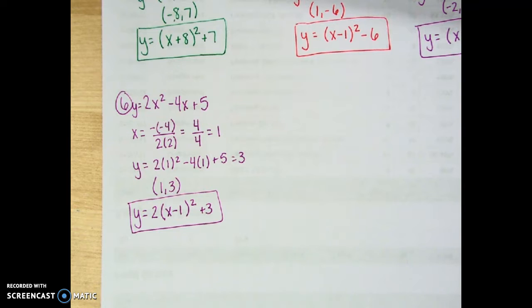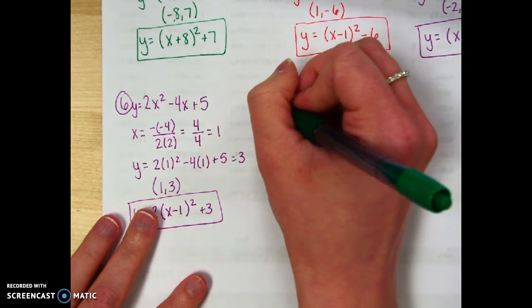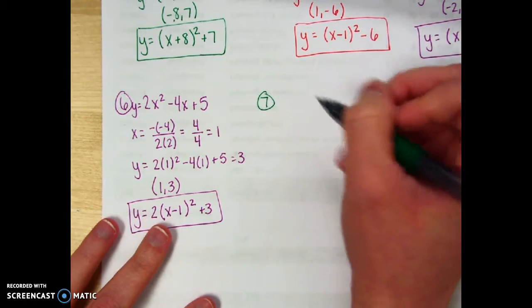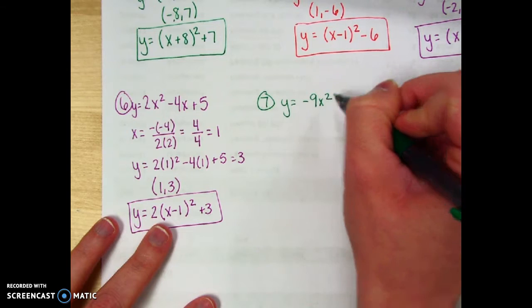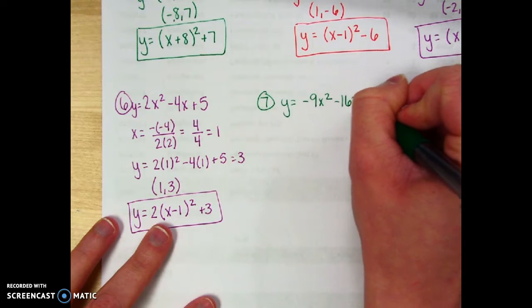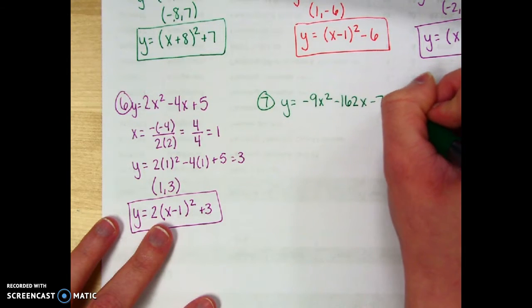Okay, I don't know what you think, but I think this is easier, I think. Completing the square kind of has a little bit more steps. Let's do the last one. Y equals negative 9x squared minus 162x minus 731.